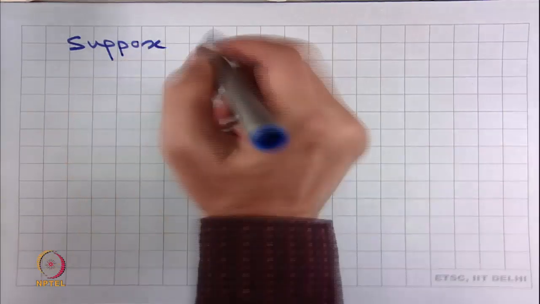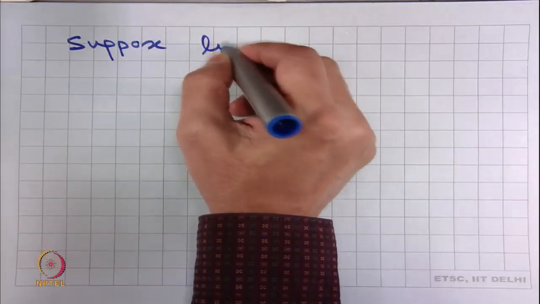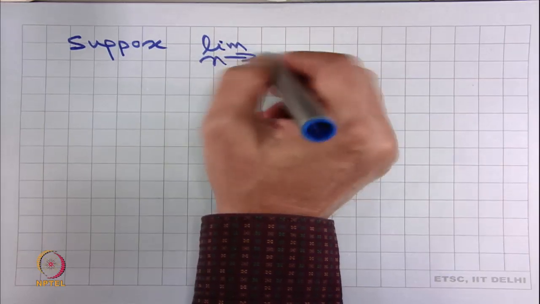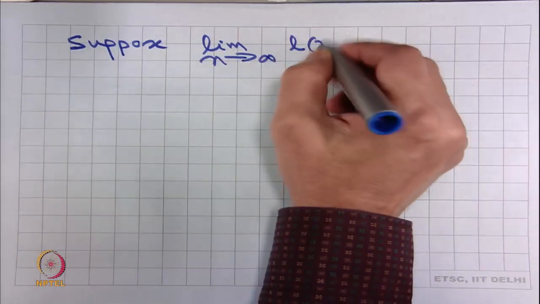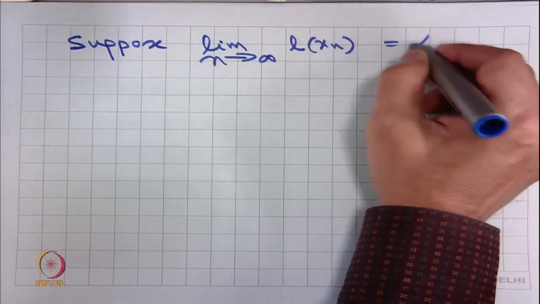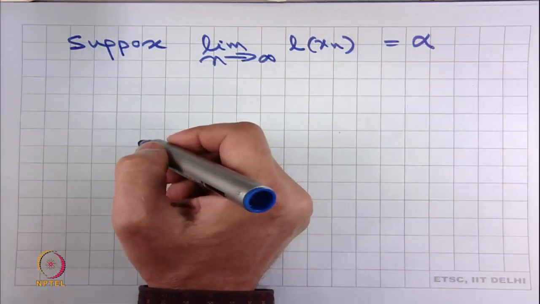Suppose the limit as n goes to infinity of L of x n is equal to alpha.